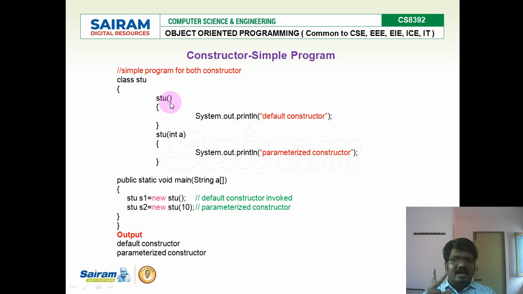If the constructor does not have a parameter, that is called a default constructor. See the second function, Stu, inside the brackets one parameter is there. The function has the same name as the class name, so that is a constructor. No return type, and it has one parameter. This falls under the parameterized constructor.